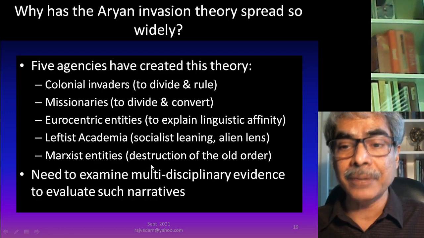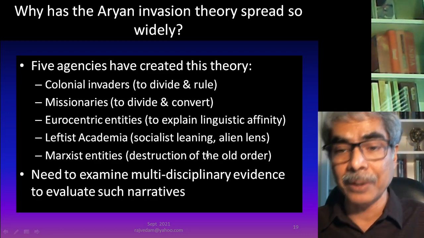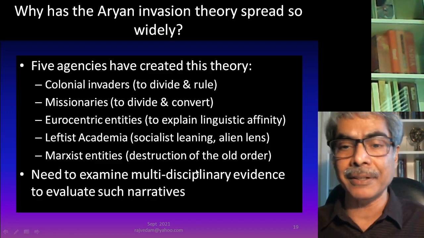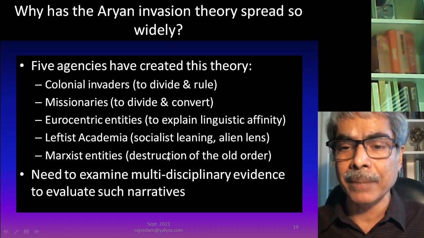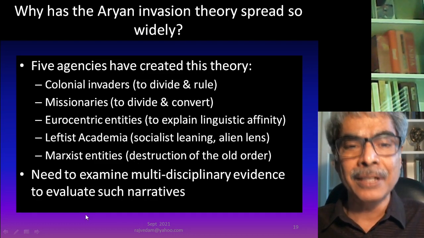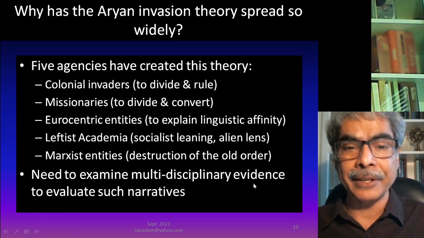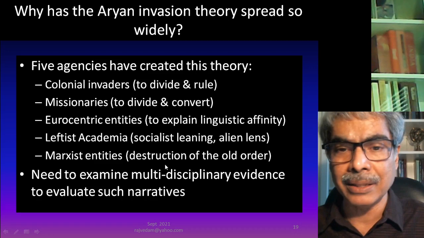They work to destroy the old order to replace with the new order. In India, the old order is our entire history, Hinduism and so on. By destroying that, they hope to get the utopian Marxist ideas. So we need to examine a multidisciplinary evidence to evaluate any of these narratives. And this is what I've done in several of my talks.